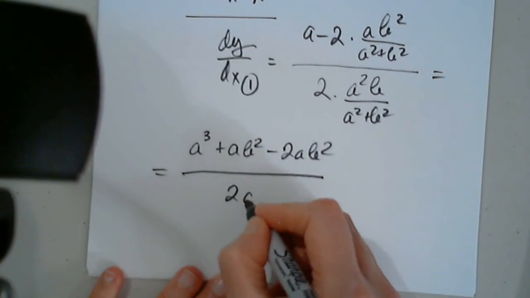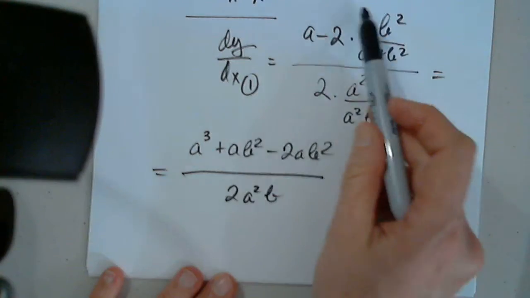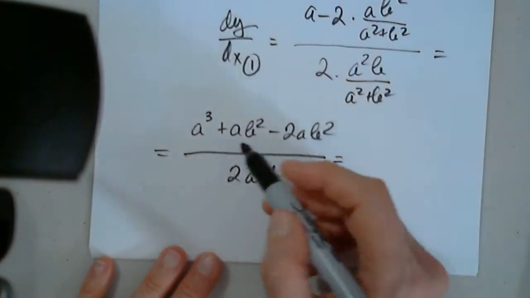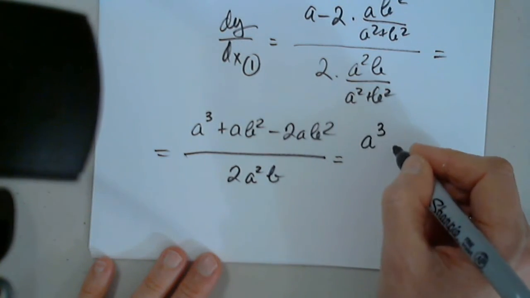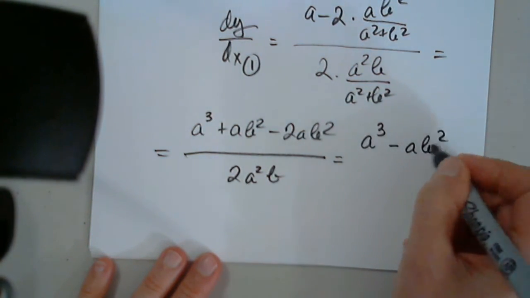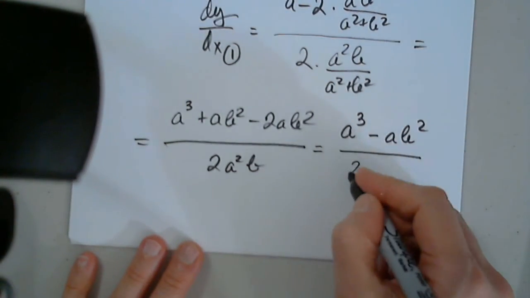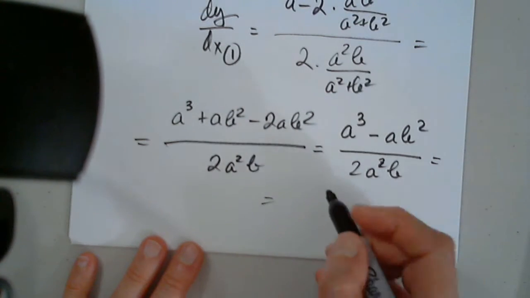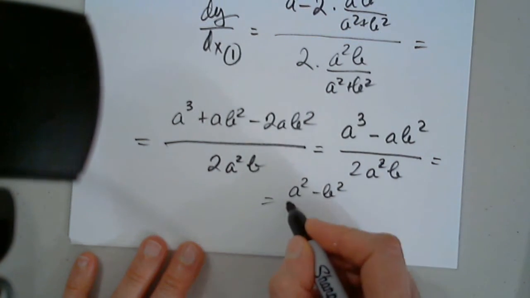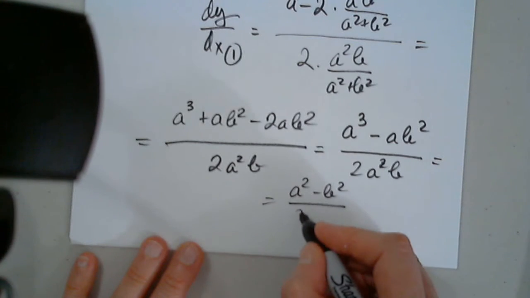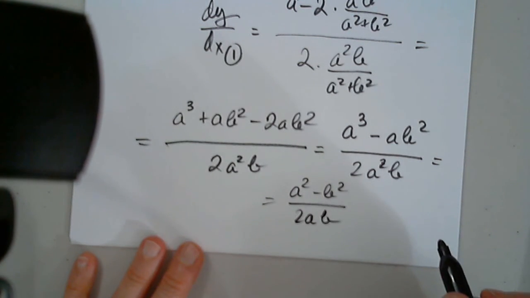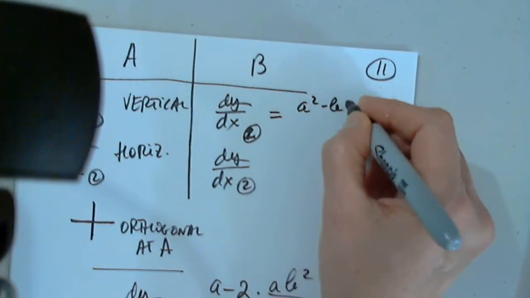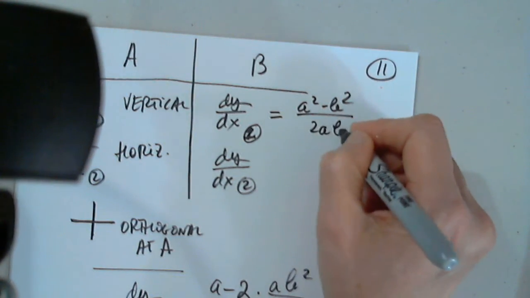And the denominator is 2a squared b, because after I find the least common denominator, the two denominators go away. So the top is a to the third minus ab squared over 2a squared b. I can factor out an a, and I get a squared minus b squared over 2ab. Okay, so this is the slope here.